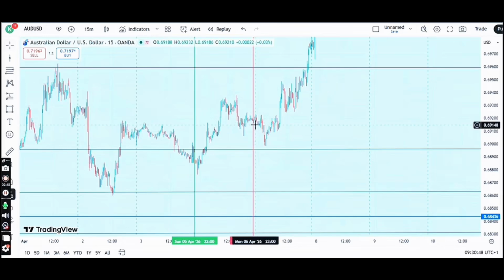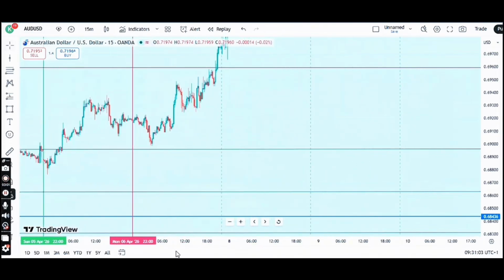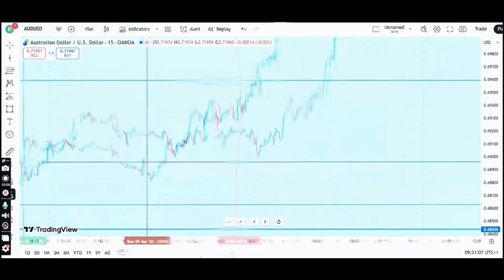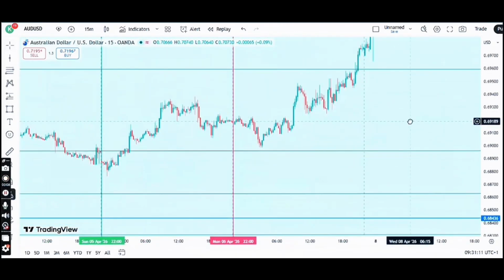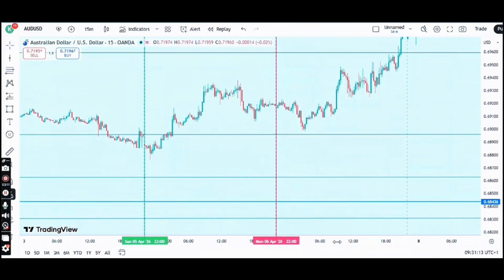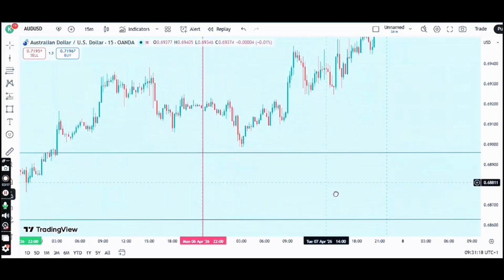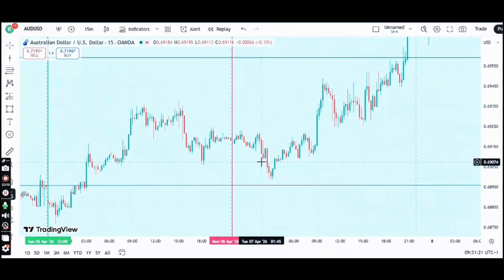So looking at this, this is on Tuesday. First, the market opens here on Tuesday. Okay, this first part is the Asia session, because market opens in Asia session. Let me expand this a little bit, and this will be very clear for you to see. So this is how it looks on Tuesday.